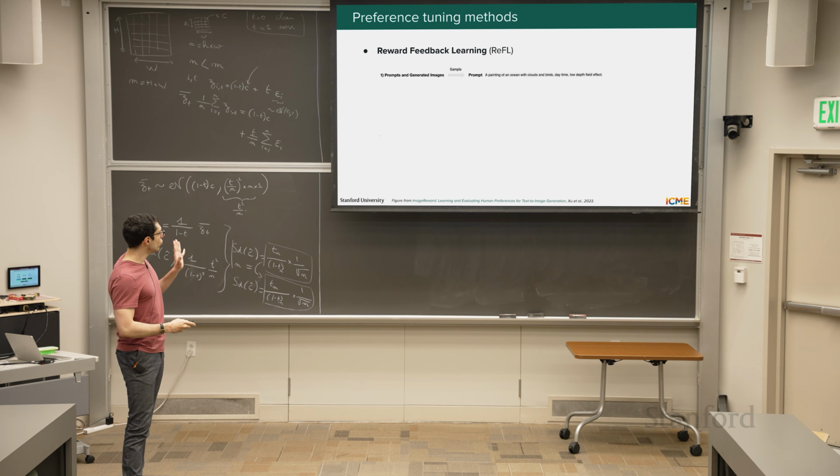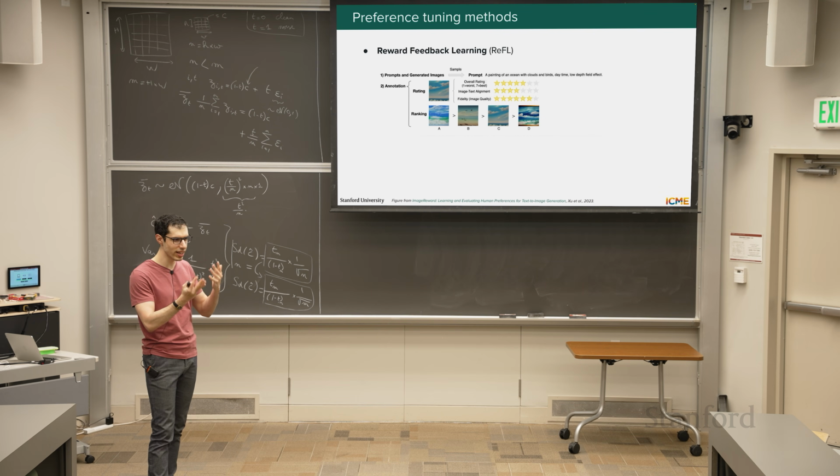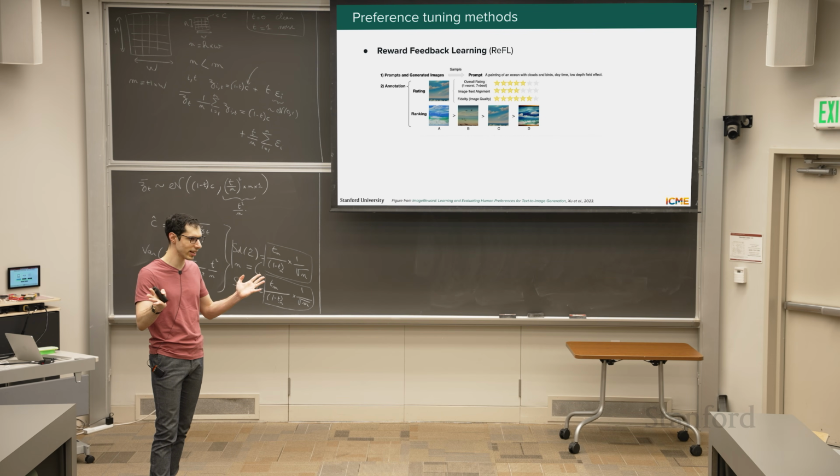So as I mentioned, what you do is you take a prompt, and then you have a bunch of images related to that prompt. And what you do is you try to get some sense of which one is better than the other. So you can either get pairwise ratings or even listwise ratings.